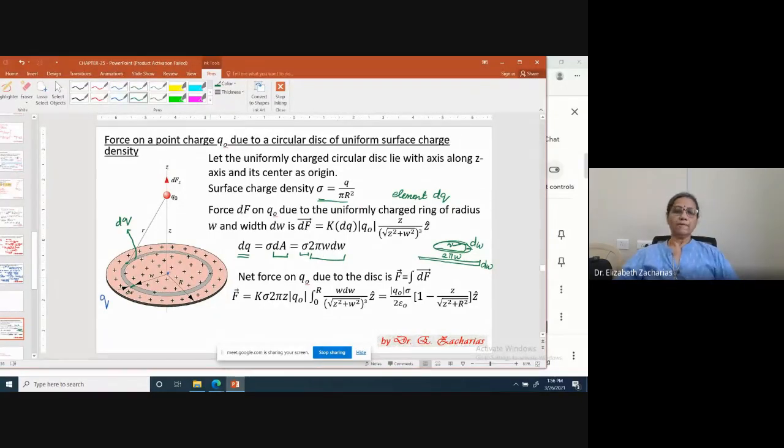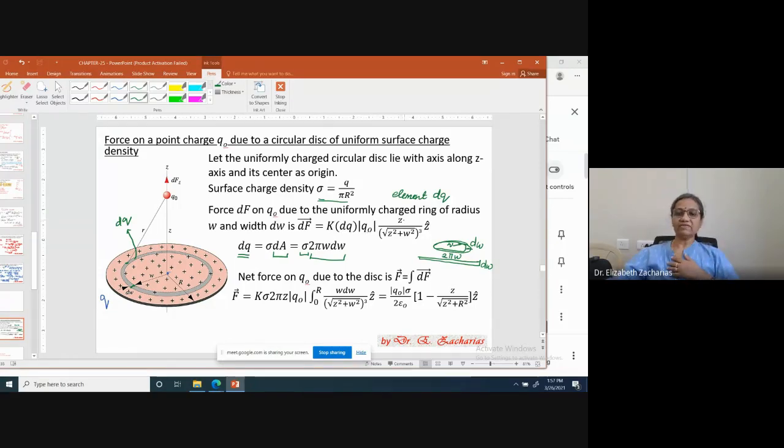Next, I have to write the expression for the force. I am just going to take the expression that I got in the previous slide for the ring. For the ring, if you remember, we have written K into Q, where Q was the charge on the ring and Q naught was the point charge.